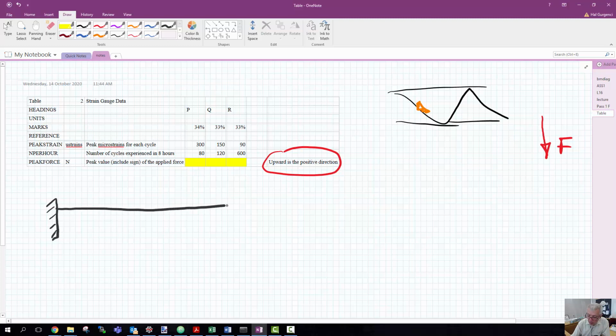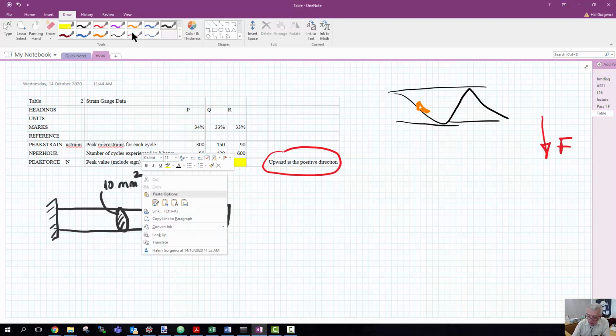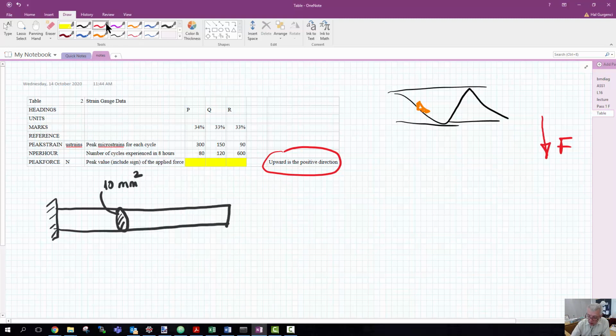Let's say I have a situation like this with a cross section. Let's say this is 10 millimeters square, just to make calculations easy. There is an unknown force acting here, which we don't know. To measure that force, we put a strain gauge on it.